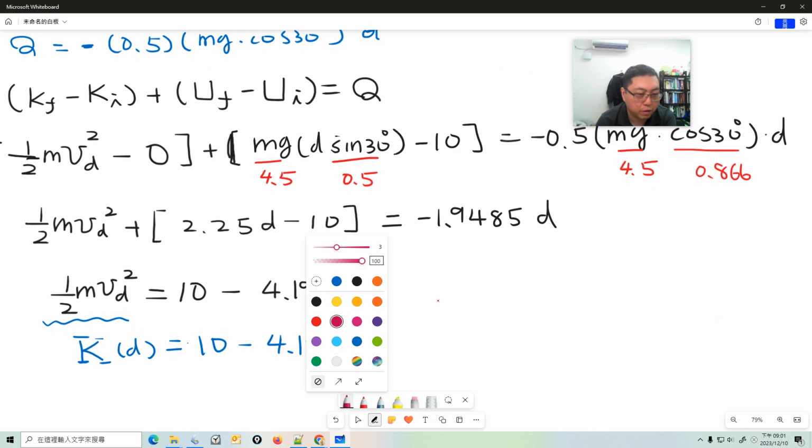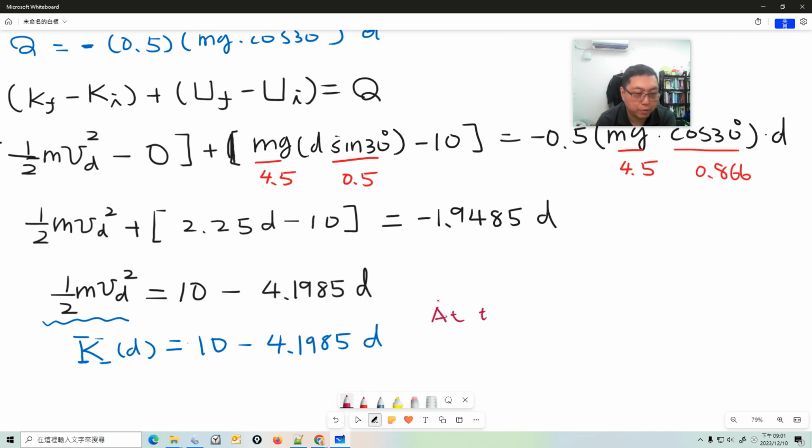So here at the top, d is equal to 2, so k is 10 minus 4.1985 times 2. Okay, it's still positive. Okay, I think the answer is 1.6.